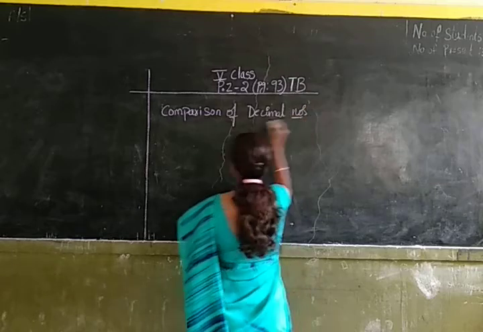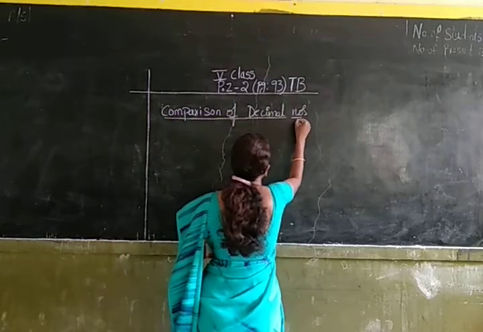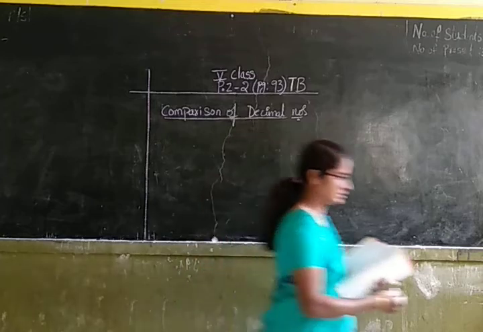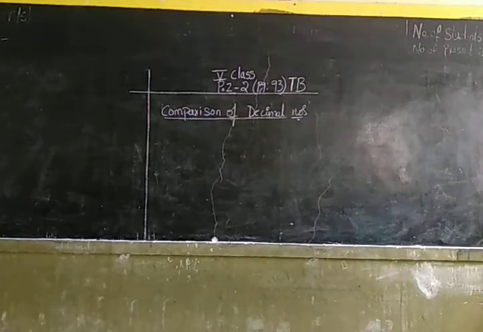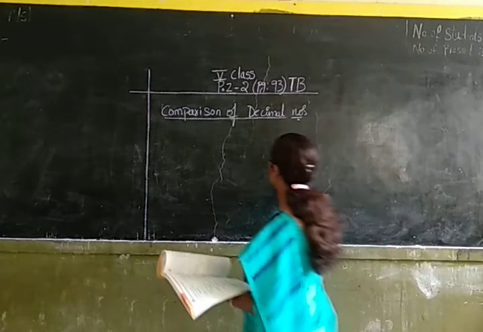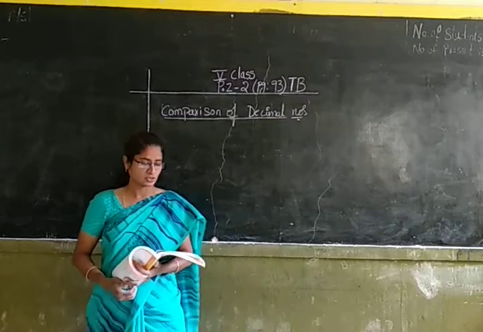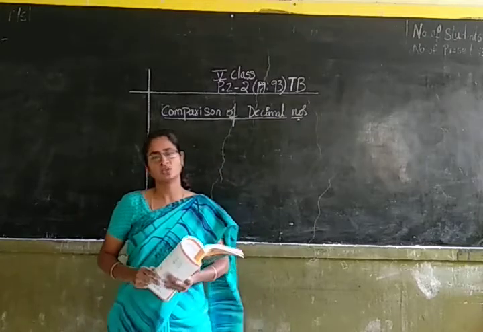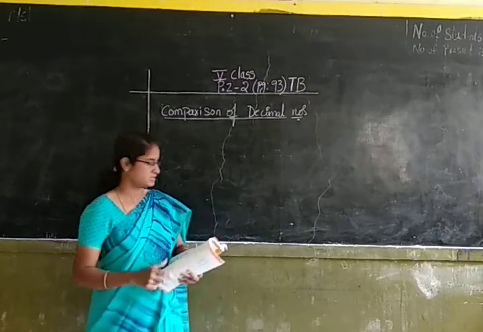So now let us learn about the comparison of decimal numbers. So for comparison means what? To say which number is small and which number is big.